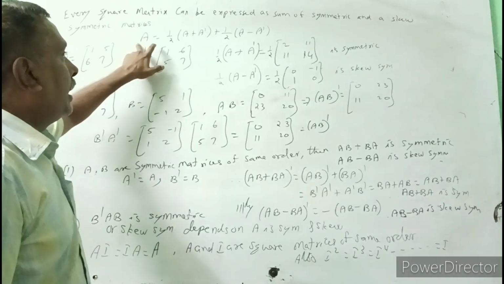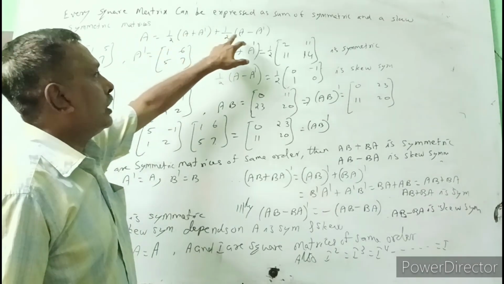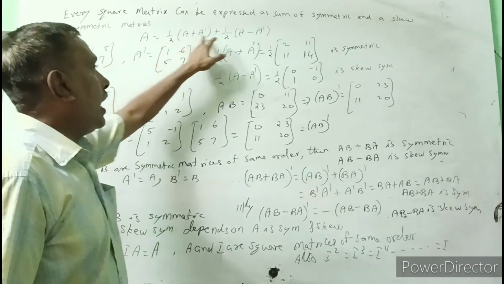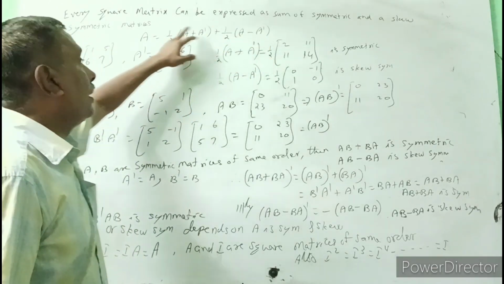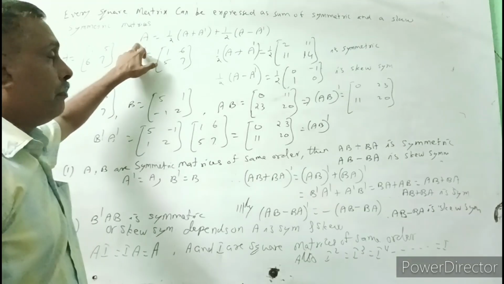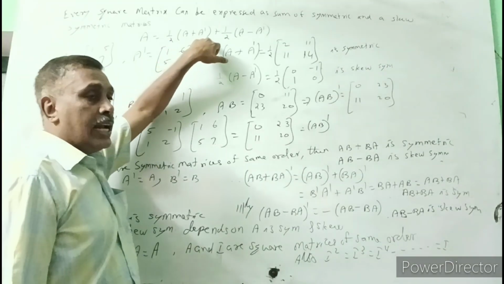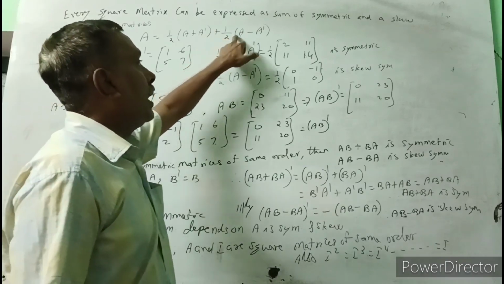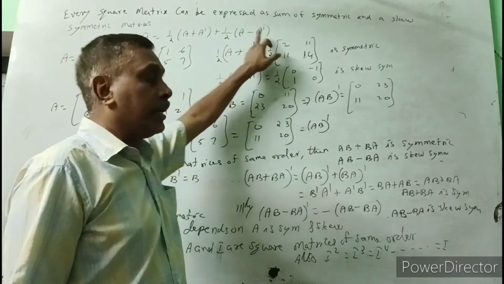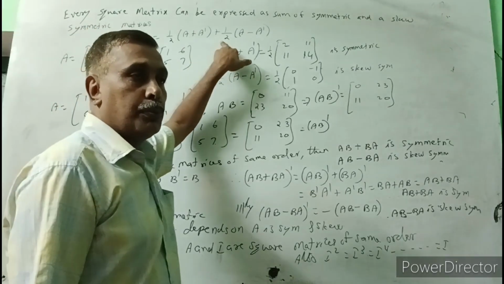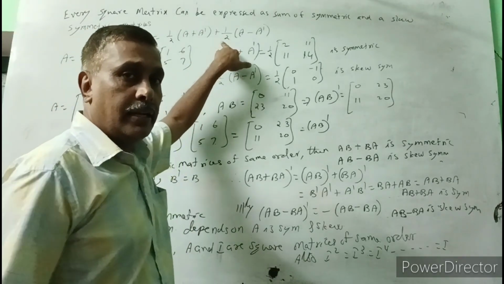A can be written as half of (A plus A transpose) plus half of (A minus A transpose). If you simplify this RHS, you will get half A plus half A, that is A, and you get A back. In this, A plus A transpose is symmetric, which I told you earlier, and A minus A transpose is skew symmetric. This constant will not affect it because the transpose of a constant is not there.